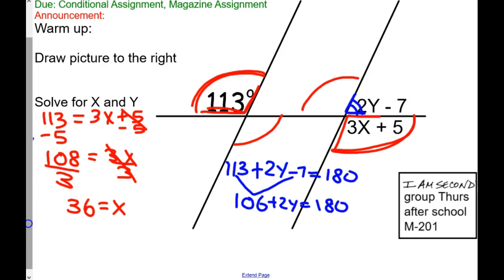And then, to get rid of the loner, 106 minus 106. 2y equals 74. And then to get rid of that 2, we divide by 2. 74 divided by 2 is 37. Okay. Y is 37. Sorry.